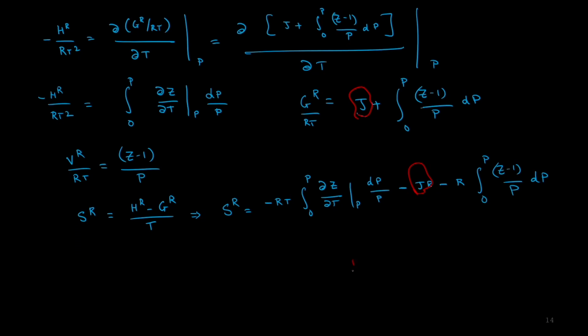Because of that reason, it's convenient to choose J to be 0 and completely drop this term because it doesn't appear in the differences. And that being the case, we are completely free of that constant, and the residual properties of thermodynamic quantities can be expressed only in terms of the compressibility factors and how they change with temperature and pressure, their integrals, derivatives, etc.